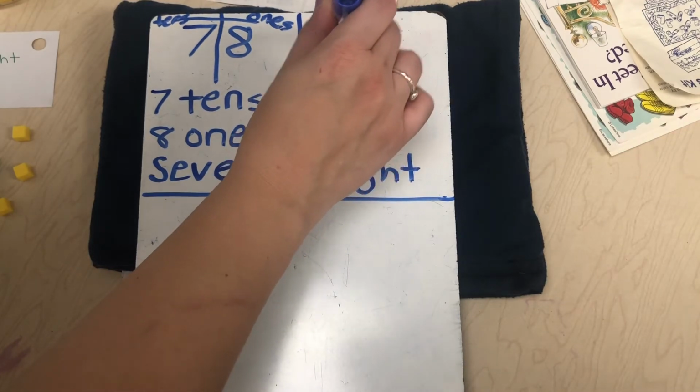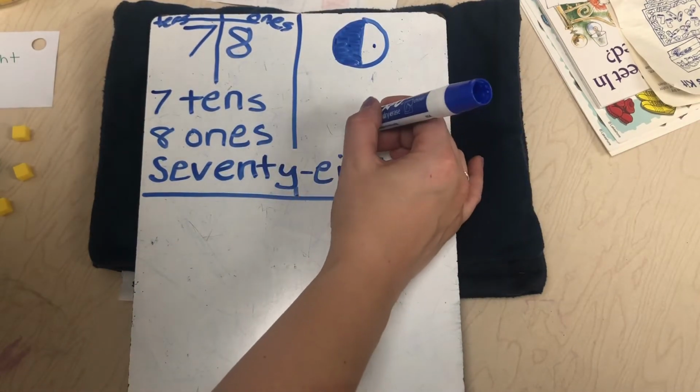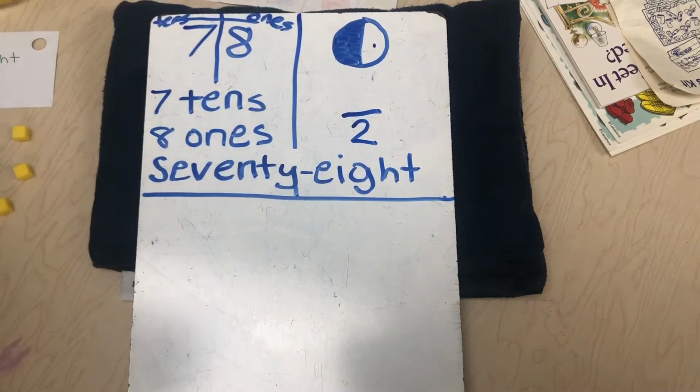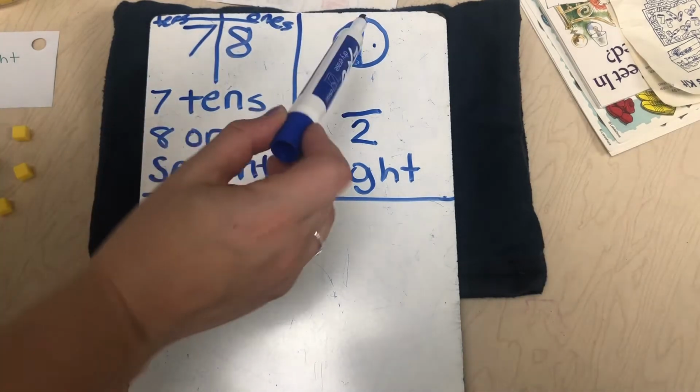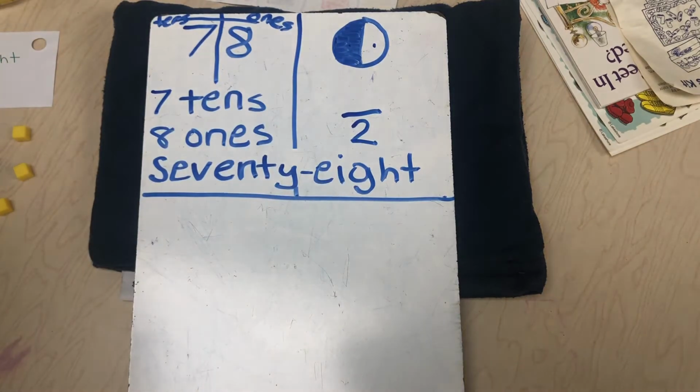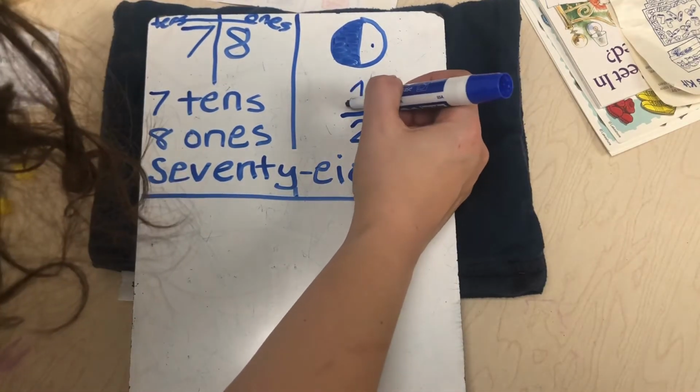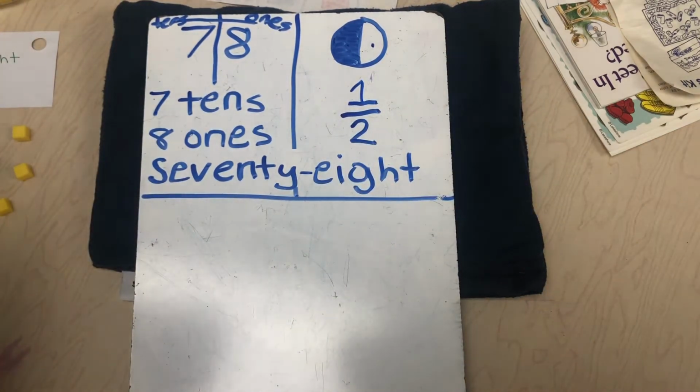We have 1, 2. So 2 would go on the bottom because that is the full amount that we have. And then how many do we have shaded in? 1 shaded in. Good job. So our fraction is going to be 1/2.